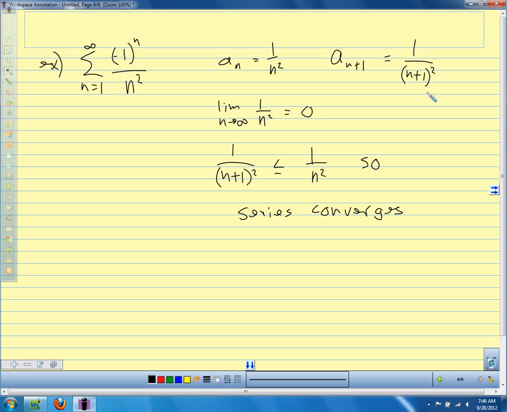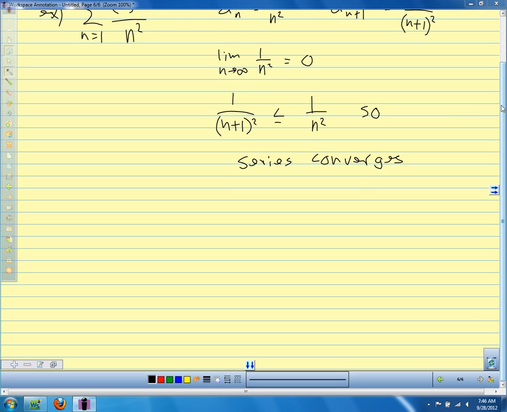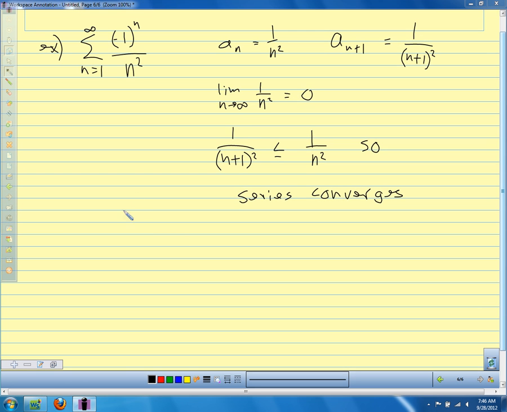Now let's look at the absolute value series: the sum n equals 1 to infinity of the absolute value of minus 1 to the n over n squared, which equals just the sum of 1 over n squared. Does this series converge? Yes. What kind of series is this? This is a p series with p equals 2, so this series converges.